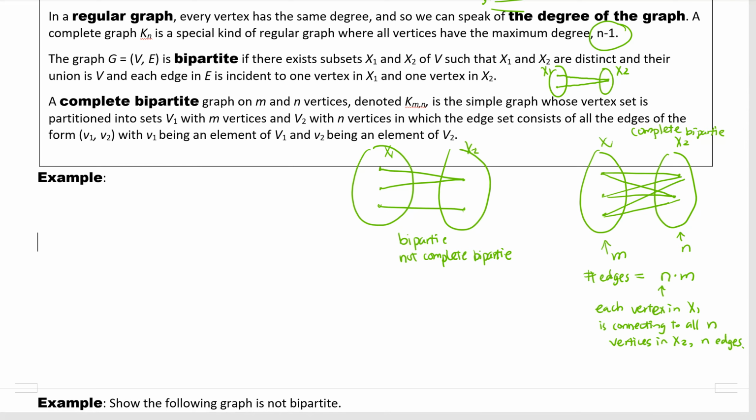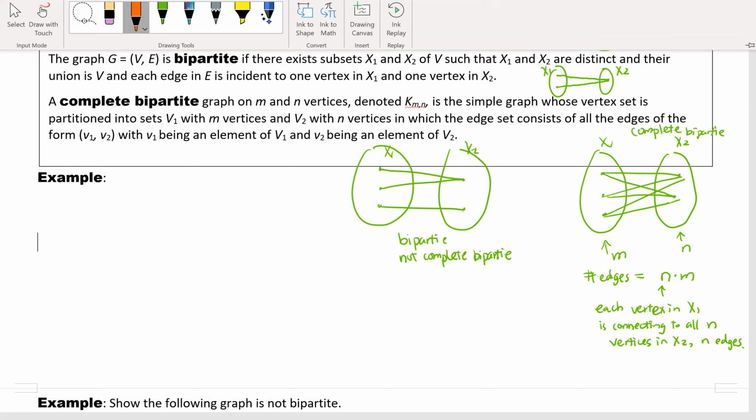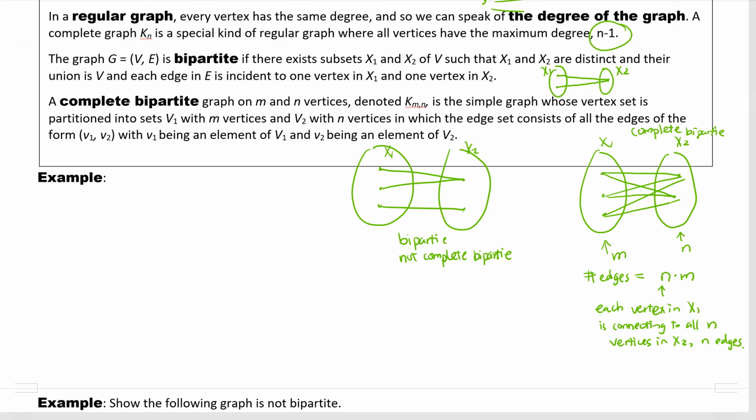Let me show you a picture of a complete graph as well. Let me get back to my orange color. I showed you K3 before: with 3 vertices, we have all the edges connecting them, so it's like a triangle. But how about K4? We have 4 vertices, and each vertex is connected to all of the other vertices.